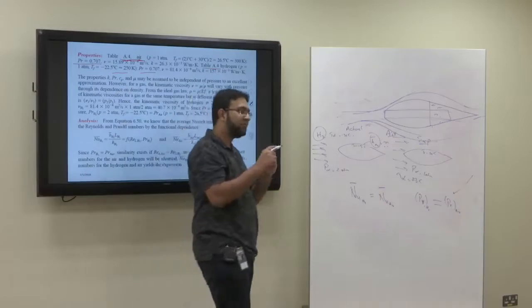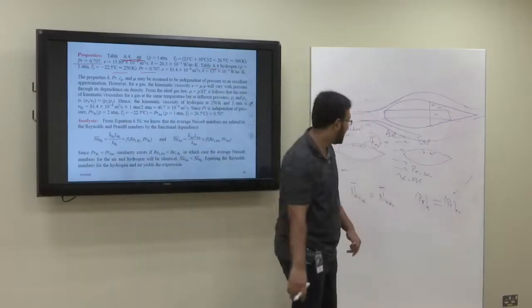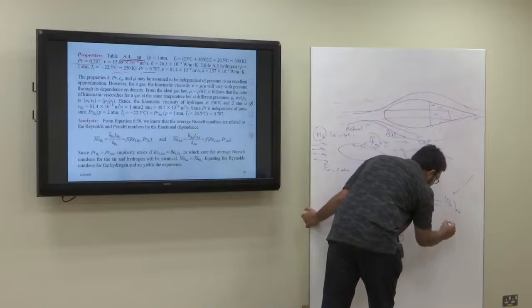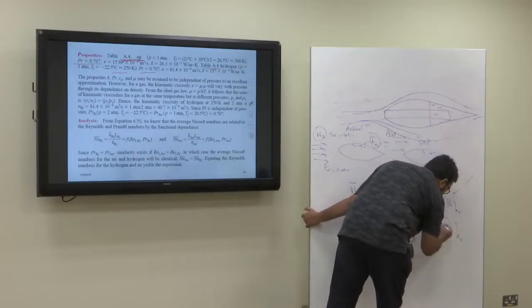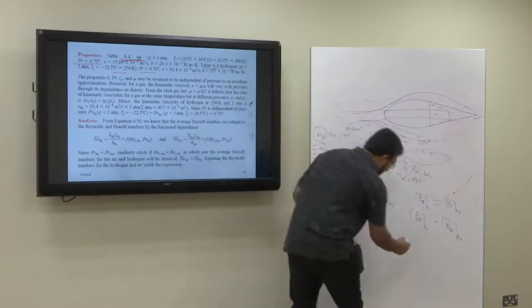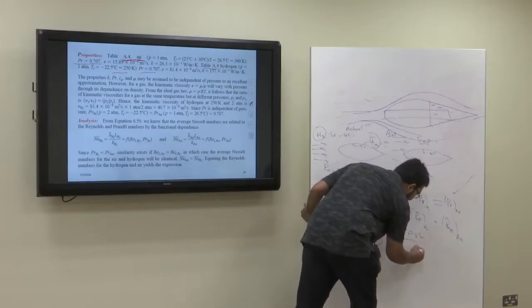Now if we make the two Reynolds numbers same, then we can apply this. Now the Reynolds number for hydrogen case and Reynolds number for air case should be same. Now what's the formula for Reynolds number? Reynolds number is rho V L upon mu.